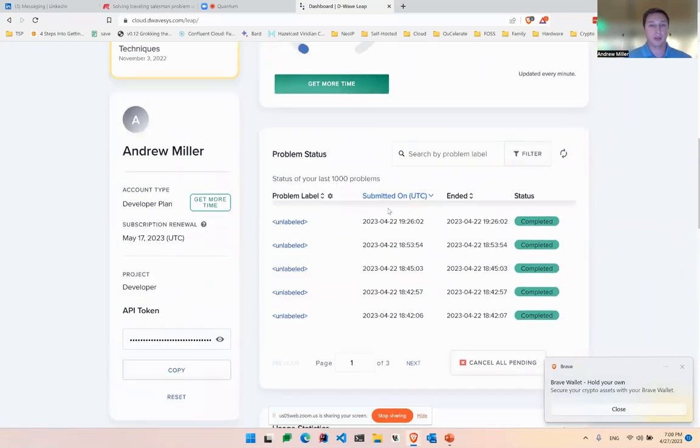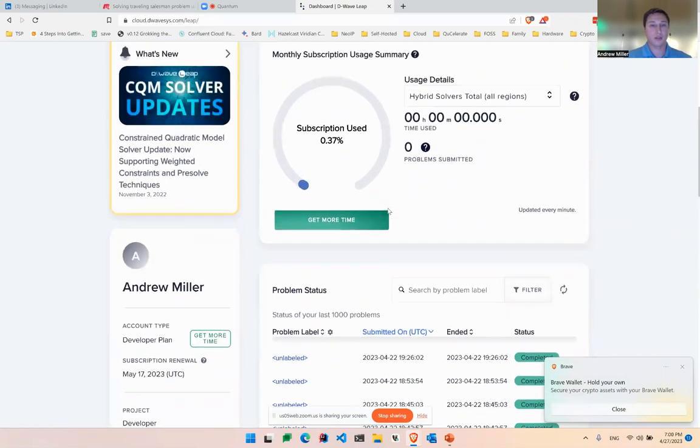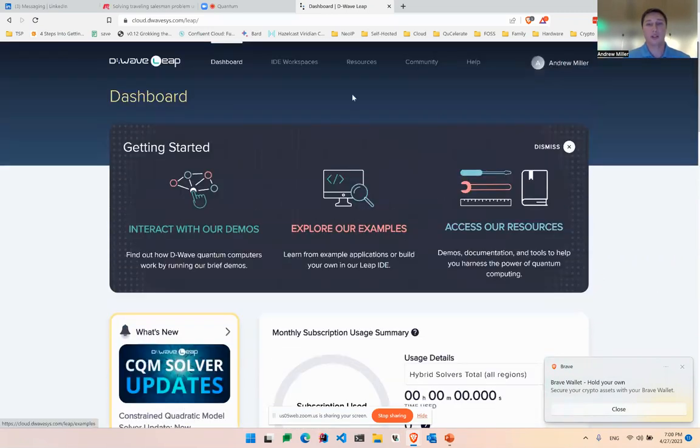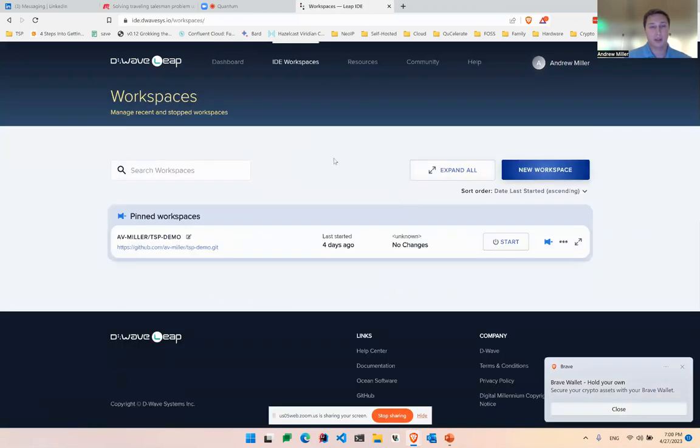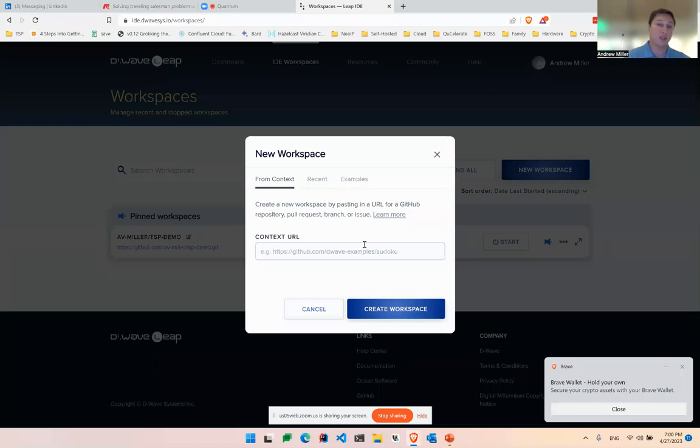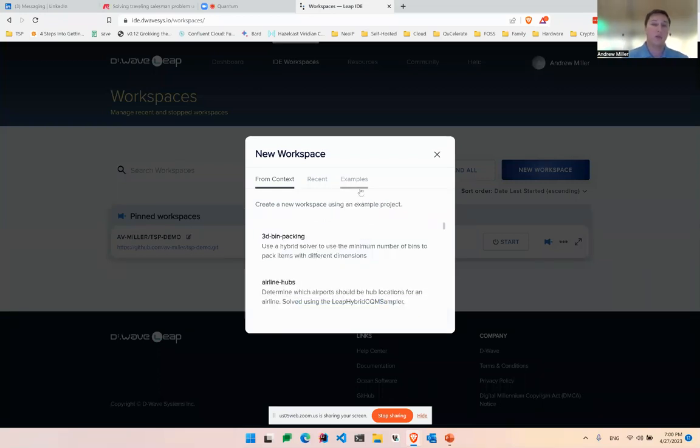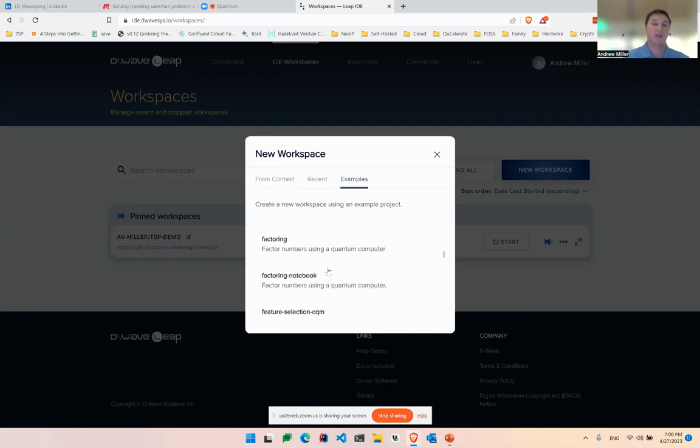Let's see. So when you come here, on the top there's an IDE workspaces area, and if you go there, you'll be able to create new workspaces. So you can just create one and paste your GitHub repository, or you can pick from the examples that they give you, and they have quite a few examples.